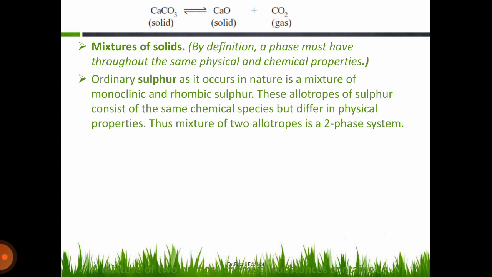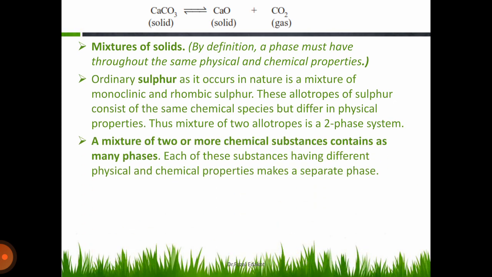So this is only the hint to the question. A mixture of two or more chemical substances contains as many phases. So you have here calcium carbonate and calcium oxide. So two phases are already ensured.